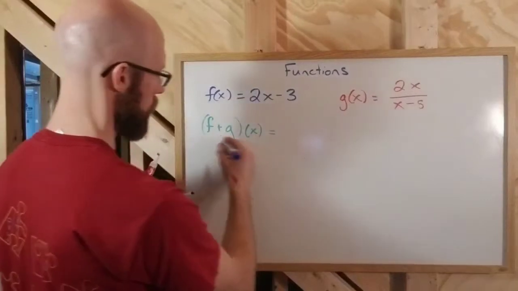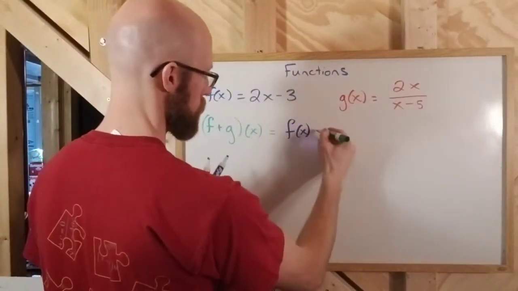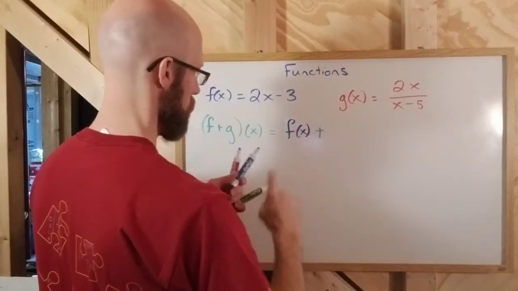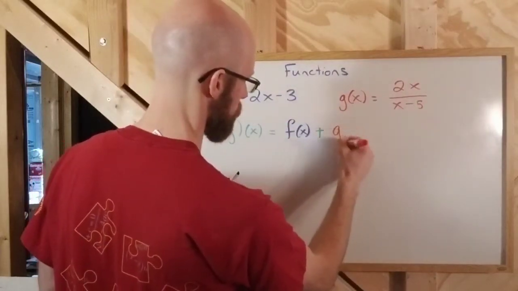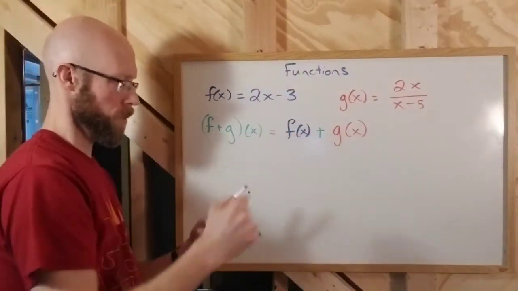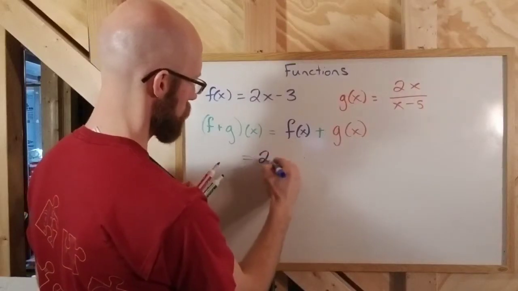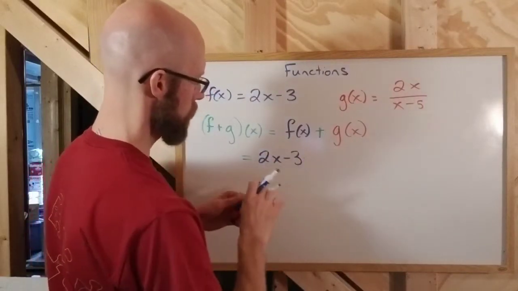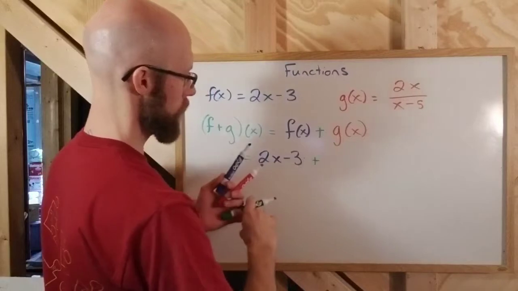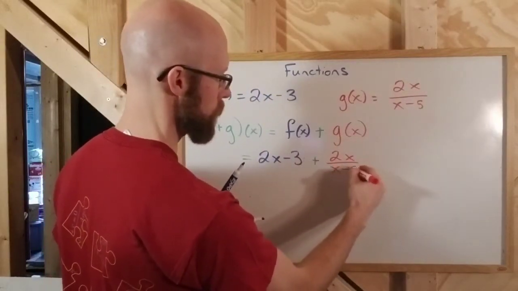So f plus g of x is really f of x plus g of x. So we're going to take the first function there, f of x, that is 2x minus 3, and add to that the second function, which is 2x over x minus 5.